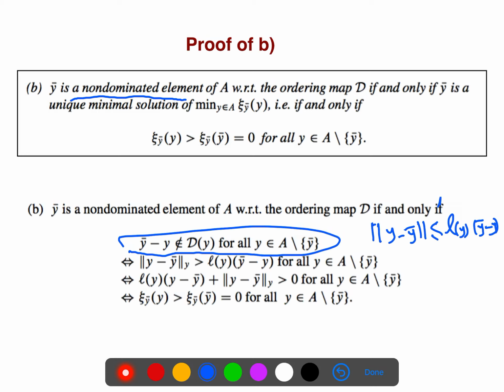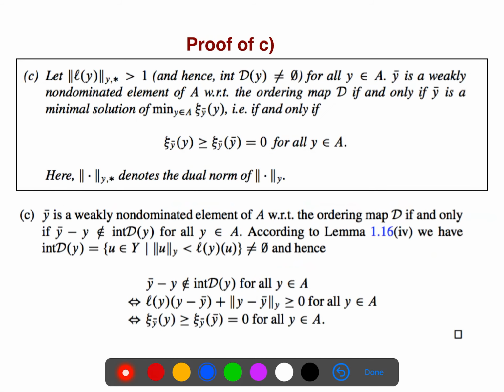You cannot find such a point, and this is equivalent to this one, so it becomes greater than that. Then if you substitute and reformulate, you again need to minimize a functional, but here instead of eta we use psi, another functional.